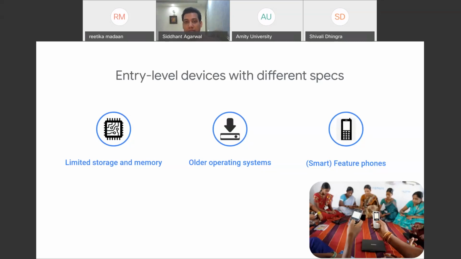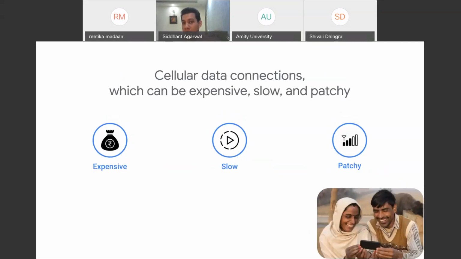And that's not all. We are talking about an internet-based solution. We have to also think about what is the medium to connect to the internet? For us, we have seen a transition from dial-up to modem to Ethernet to cellular, then to Wi-Fi. But these people living in a few countries or in a few areas are still on cellular data connections, which can be expensive, slow, and patchy.